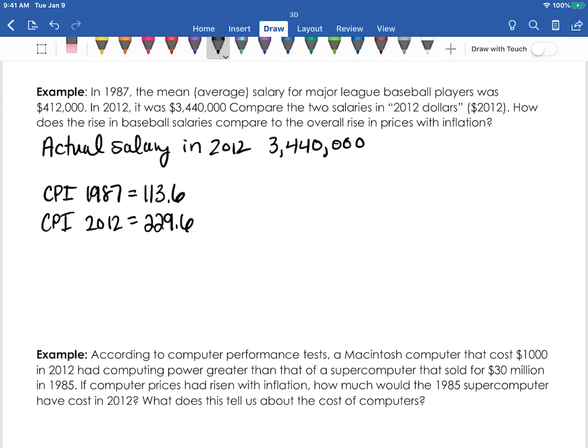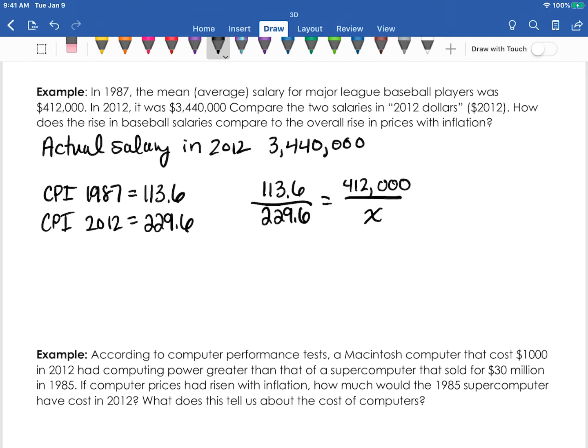We're going to do the CPI of 1987, which is 113.6, over the CPI in 2012, which is 229.6. And then we're going to compare that to the salary in 1987, which is $412,000. Using the rate of inflation, we are going to compare what inflation says the salary should be in 2012 versus what it actually is.